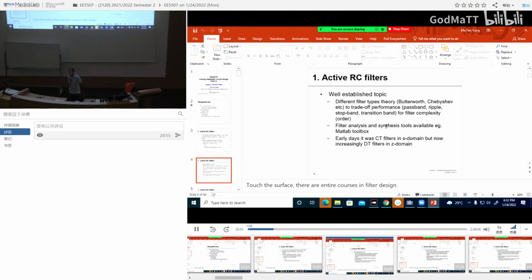Because people keep saying the analog circuit is very complicated. There's a lot of trade-off. So it's not easy for the computer to synthesize for you.